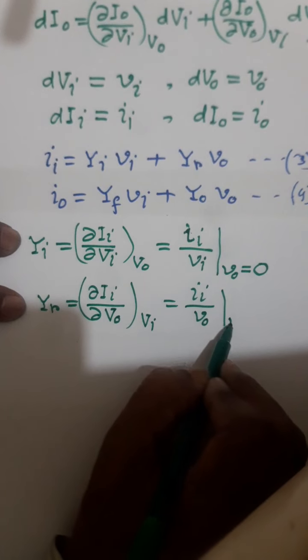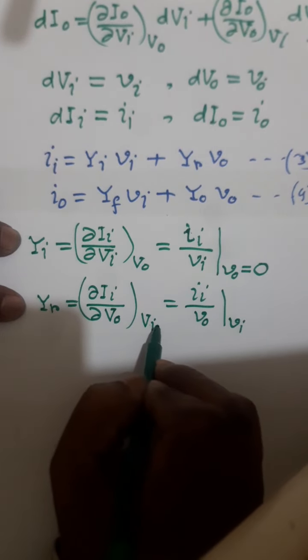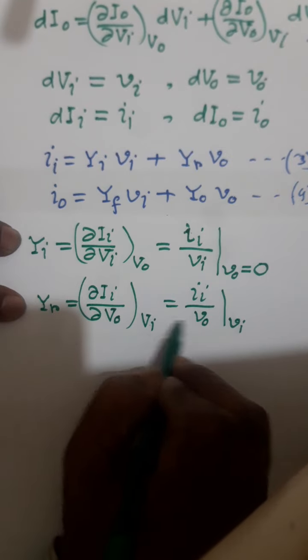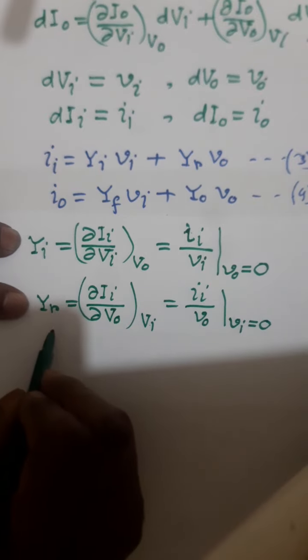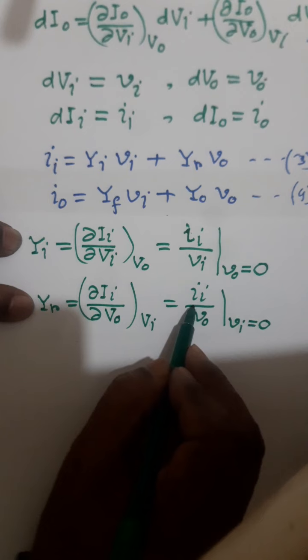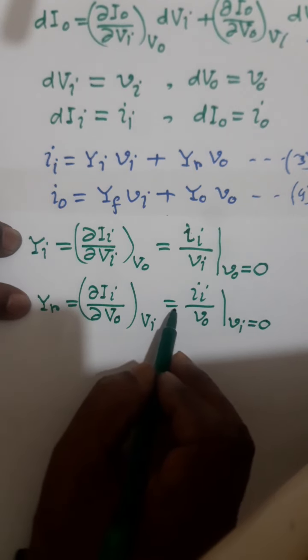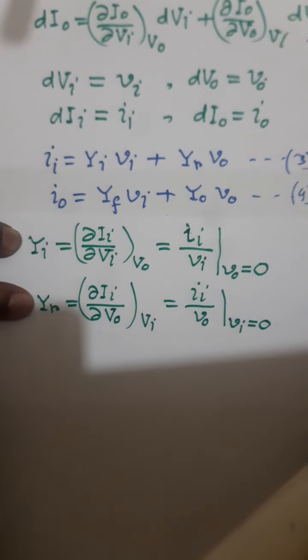Here Vi is constant, so its change is 0, small vi equals 0. So the input is short circuited. Yr is the short circuit reverse transfer admittance.